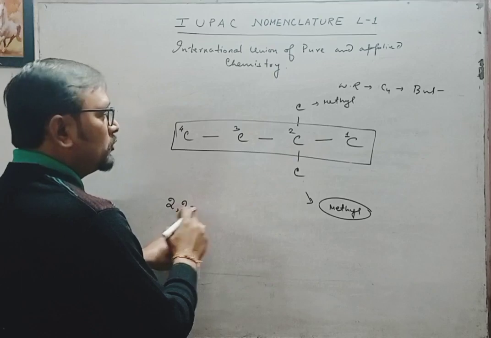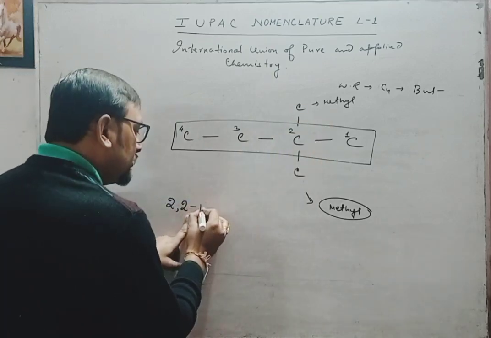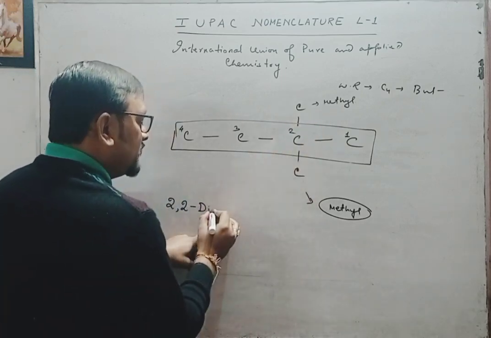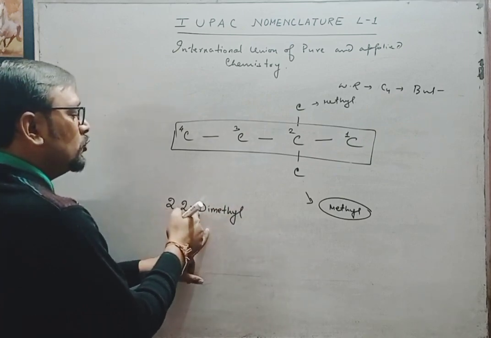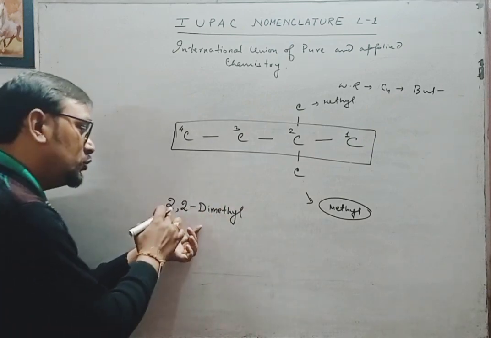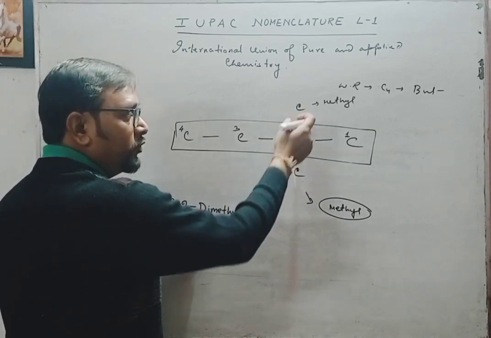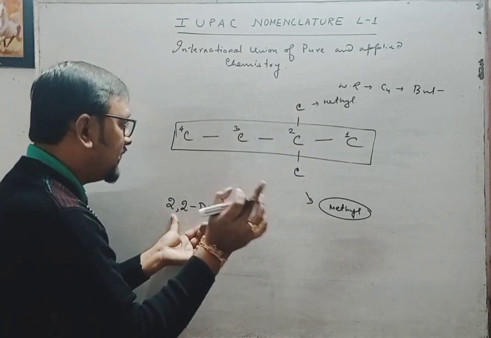So 2, 2, how many times has it been repeated? Twice. So I will use the prefix di. Methyl, what is it? Methyl. So 2, 2 dimethyl. See here I have mentioned 2, 2, meaning in the 2 and another 2. So 2, 2 dimethyl. 2 methyls are present in the second carbon.